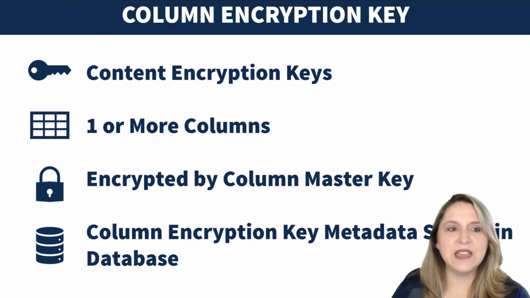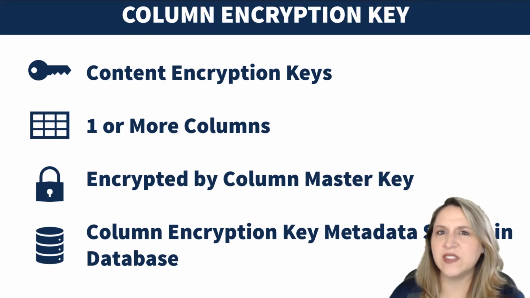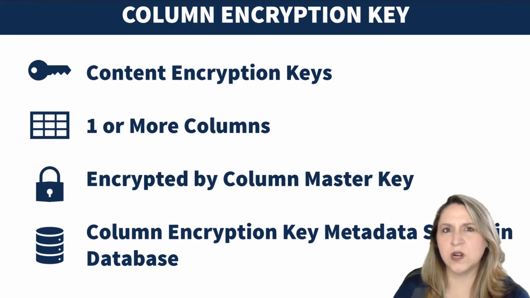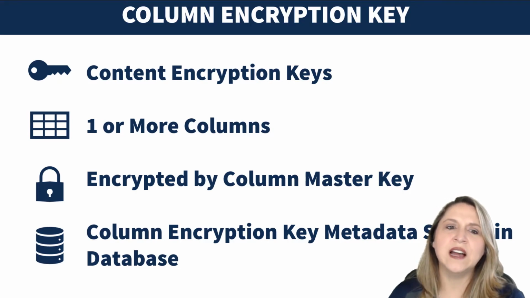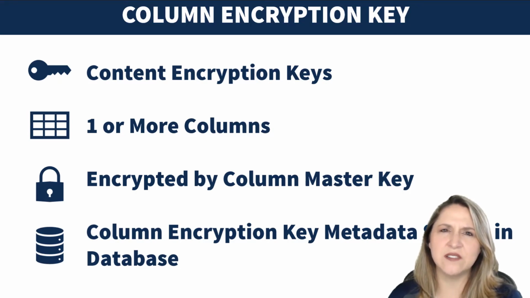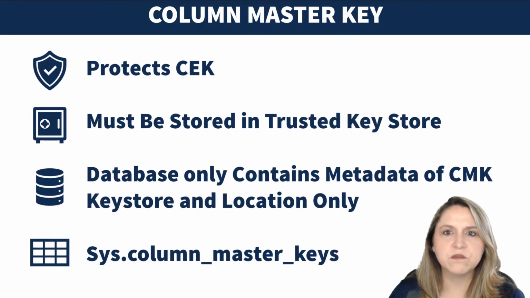The metadata regarding this key is stored in the database. It is the only thing that's stored in the database. The key itself is not stored in there. It's going to be stored out in a key store that we'll talk about later. Only the metadata is actually stored there, which gives us an advantage over TDE as well and makes things a little more secure.